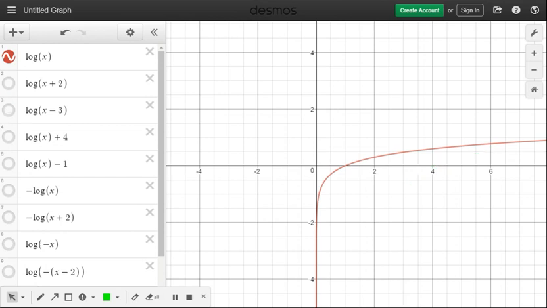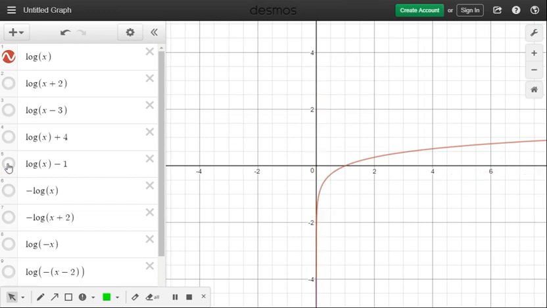Now, if there's a number outside the parenthesis and after the x, like adding 4 or minus 1, then it generally shifts up or down.